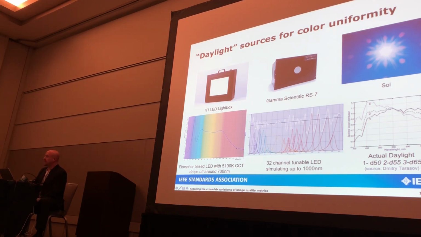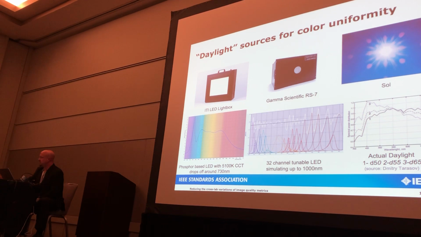And this can simulate daylight up to 1,000 nanometers. This is the Gamma Scientific RS7. And then here you can see what the spectrum of actual D50 daylight looks like from our sun, which is a difficult thing to reproduce in the lab, or costly.